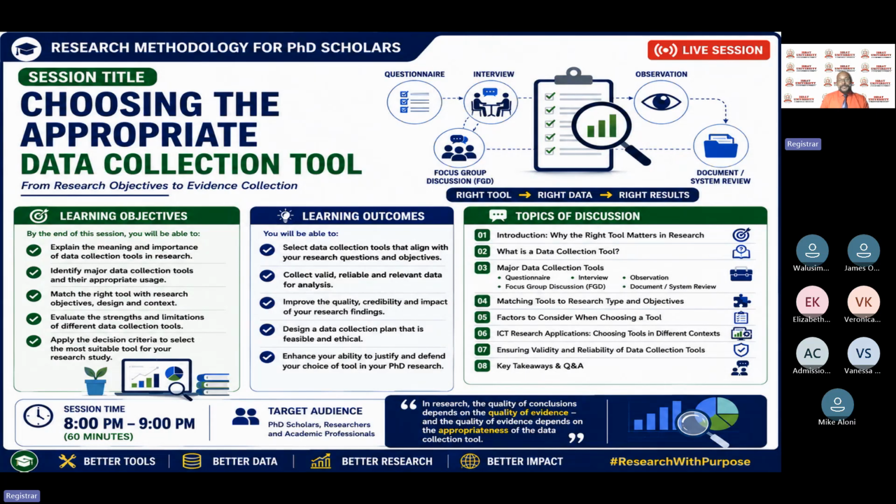So we try to bring how to choose the data collection tools based on certain steps. Then we match the right tool with the research objectives, design, and context. Then we evaluate the strengths and limitations of different data collection tools. Then the researcher applies the decision criteria to select the most suitable tool for your research study, whether micro, meso, or major research.